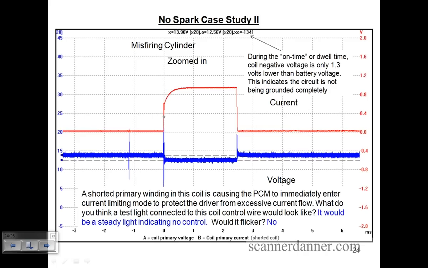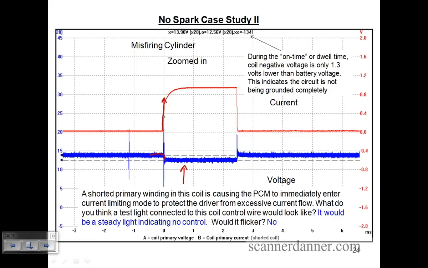This primary winding is so shorted out and the amperage increases so fast that the driver grounded the circuit, okay? And the amperage peaked at the same time it grounded the circuit, so it immediately started to current limit to protect the computer. It's protecting itself.